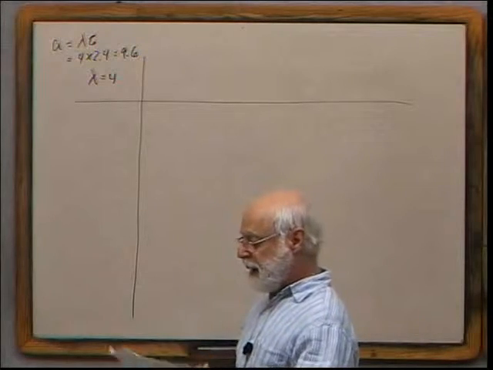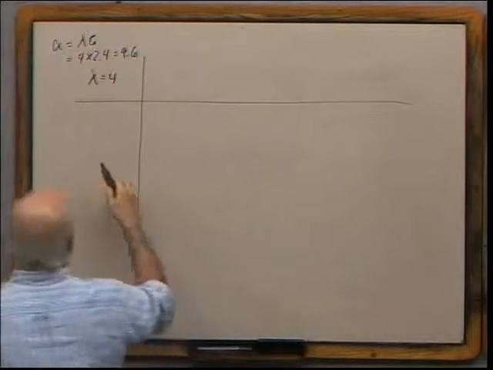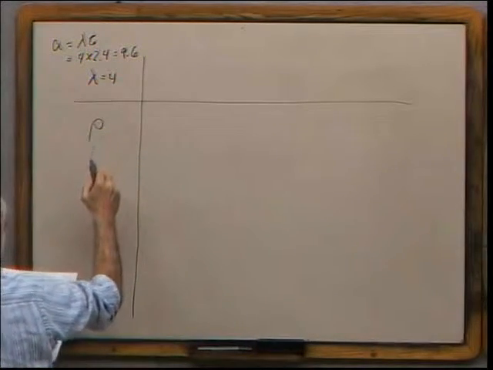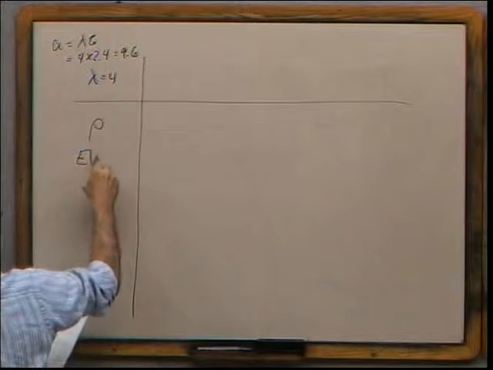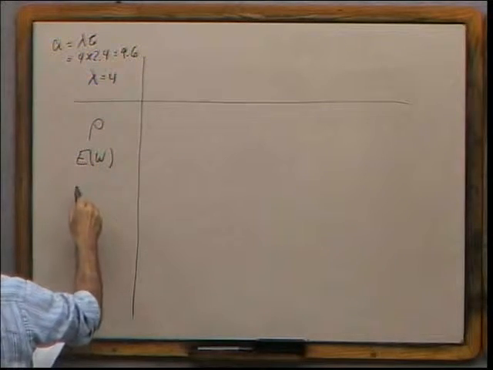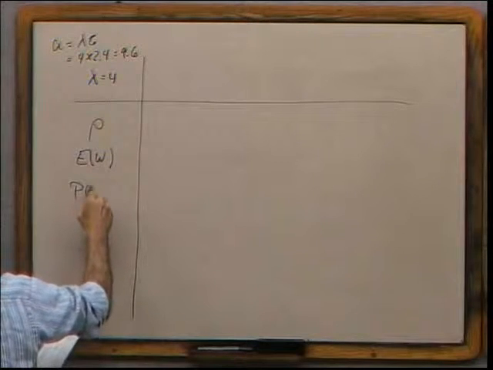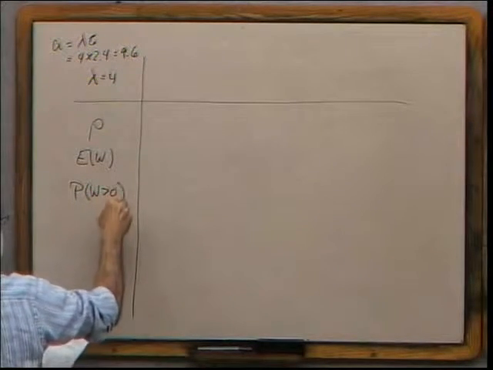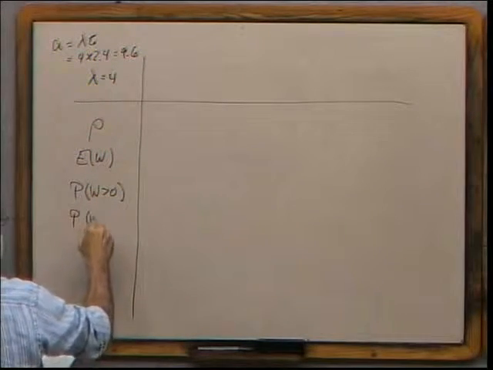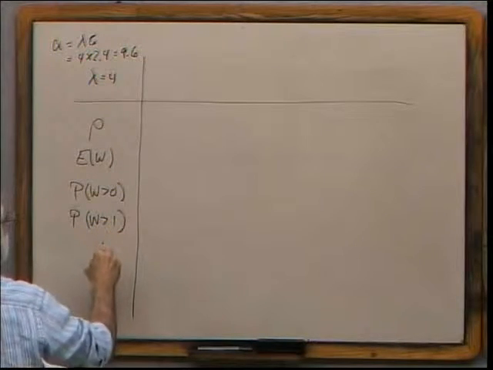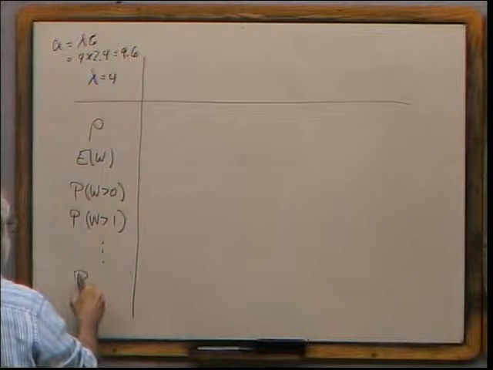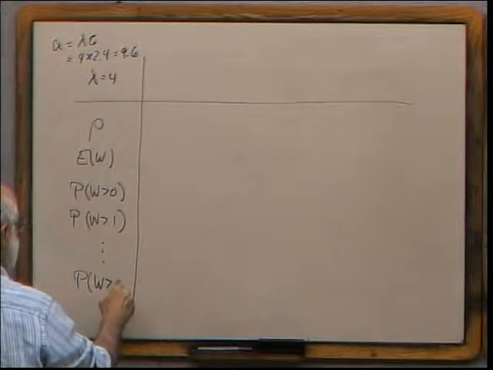And for that it asks you to calculate some stuff. It asks you to calculate the utilization, the average value of the waiting time, and the complementary waiting time distribution function. Probability waiting time is greater than 0, probability waiting time is greater than 1, and so on down to the probability that the waiting time is greater than 8.